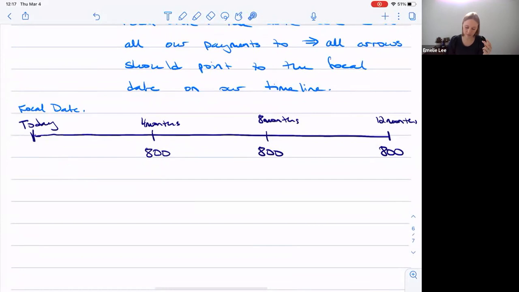The same thing with $800 8 months from now, that's worth less than $800 today because of interest. Same thing with this $800.